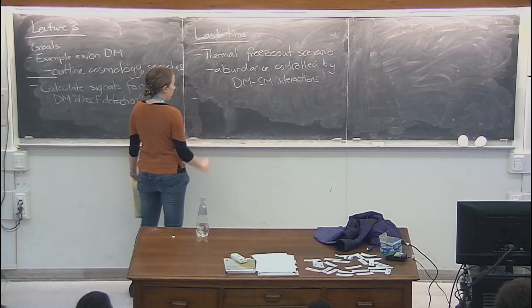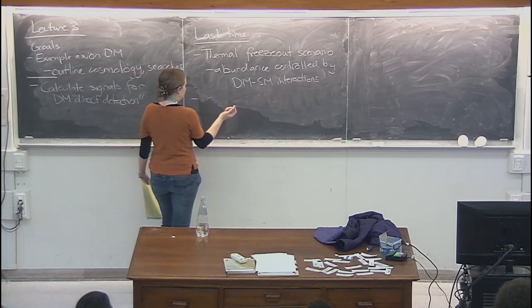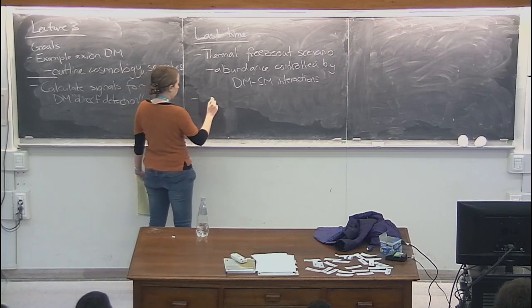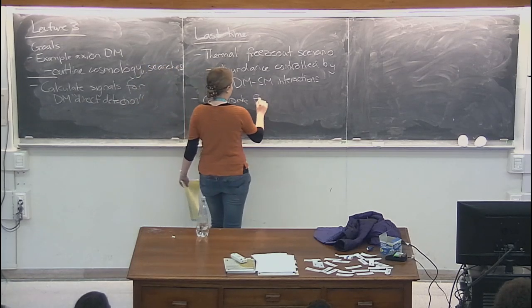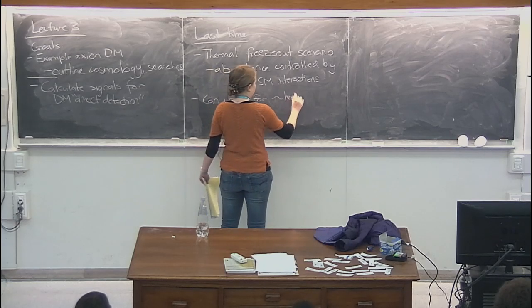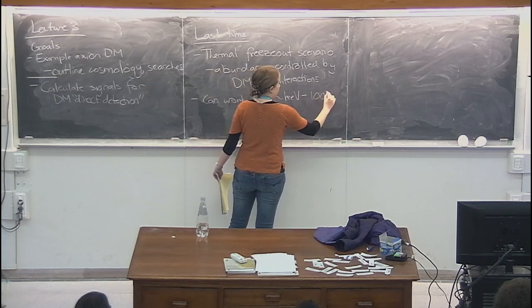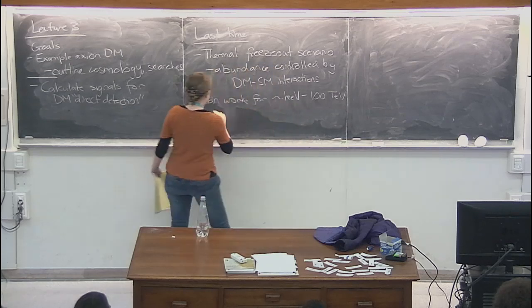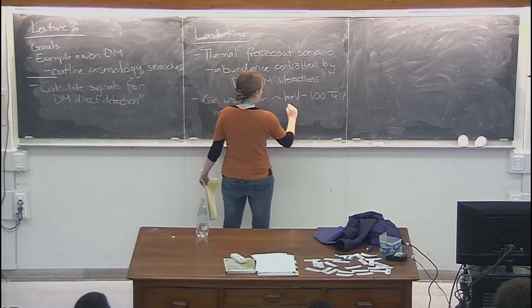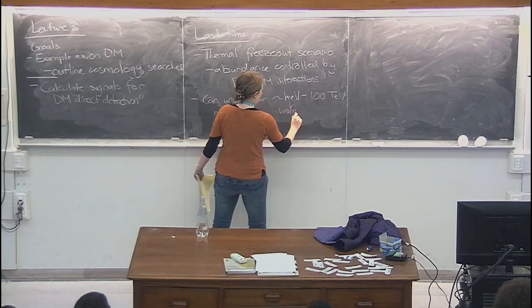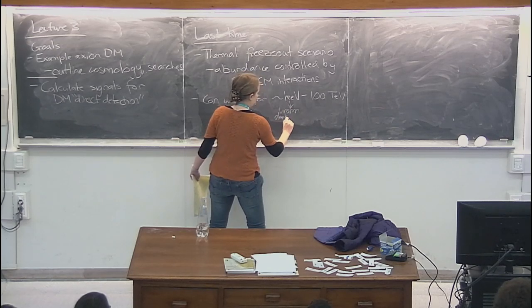We argued that this basic idea can work for roughly keV to 100 TeV mass dark matter. This lower limit comes from bounds on the dark matter being too warm.